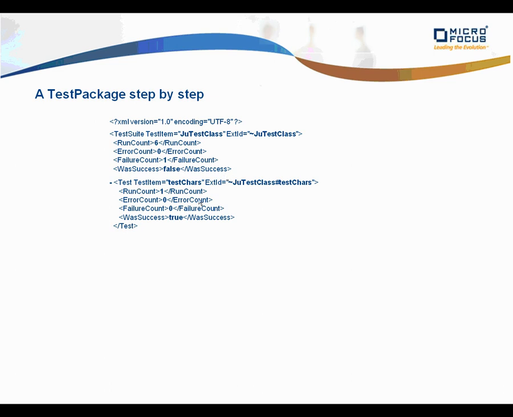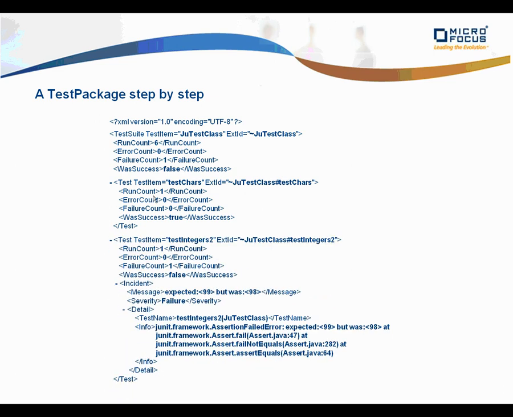So you can see that we have a child test for the suite, and the required fields are the same. Test also has test item and EXTID, and it also requires error count and failure count. In this case, because both are 0, it means that this test has passed.